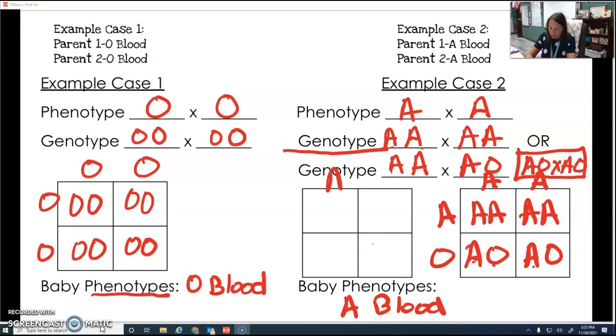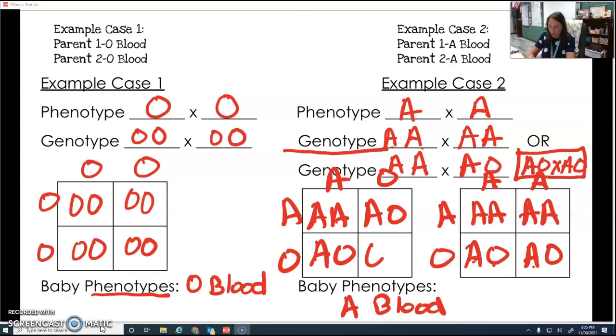So we would do A, O, and A, O. So we do A, O, and OO. So if they were both AO blood, there is a chance, even though it's little, that they could get that O blood. Okay, so my baby phenotypes could be A blood or O blood if those were the parents.